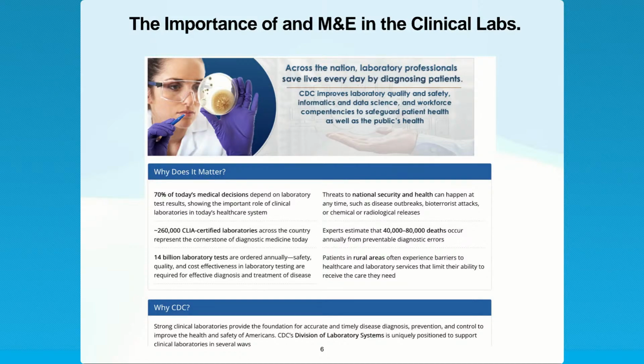In clinical labs, this is really, really important and comes to the forefront, partly because depending on who you ask, anywhere between 60 and 70% of medical decisions today are made as a result of laboratory findings. And that's true for any situation, right?